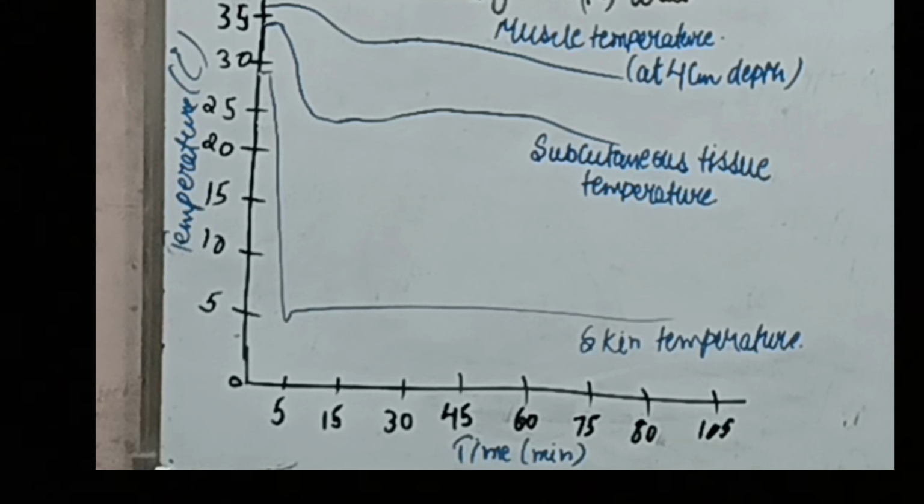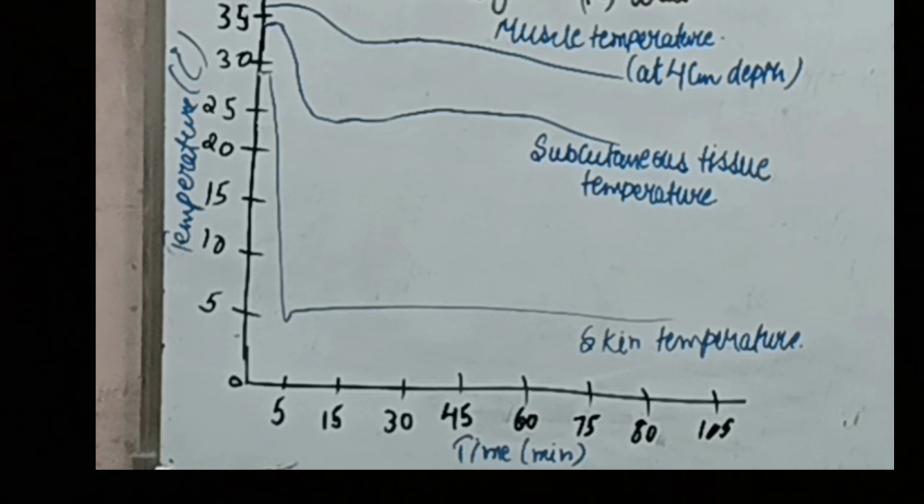While in subcutaneous tissue you can see that the change is very less. That is, it was between 30 to 35 initially, which reached up to about 20 degrees Celsius. While in muscles the initial temperature was between 35 and 40, and it reached about 32 or 33 degrees Celsius.